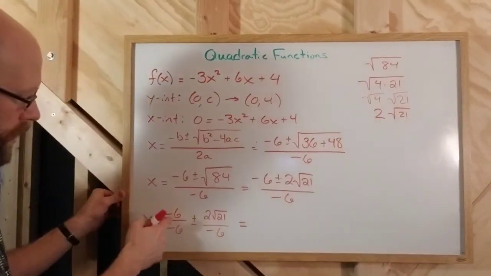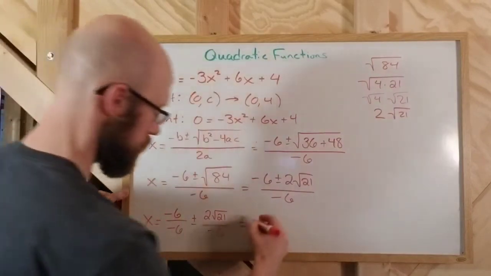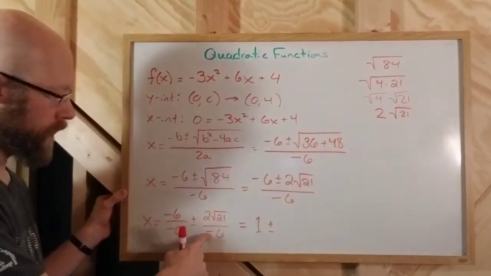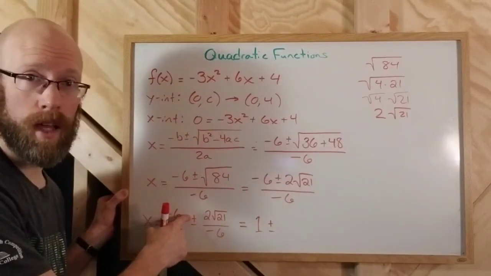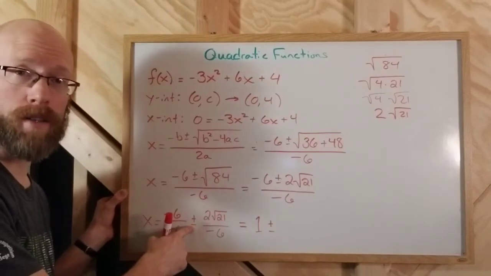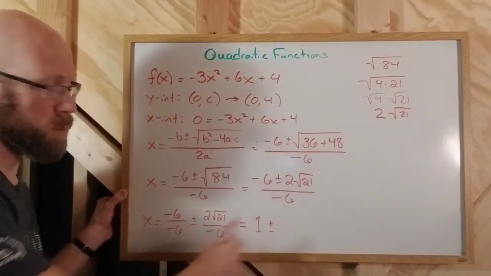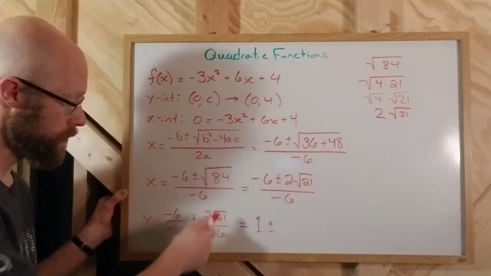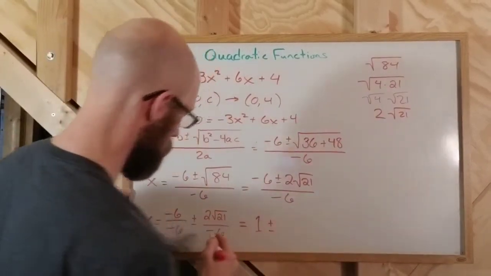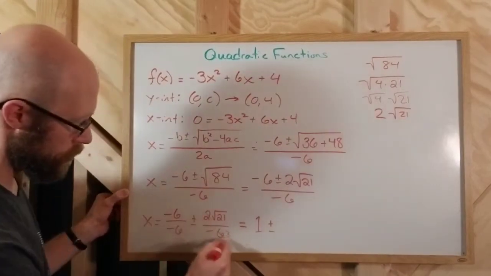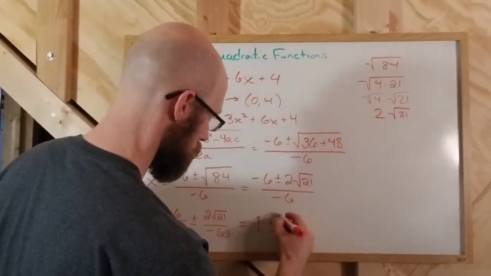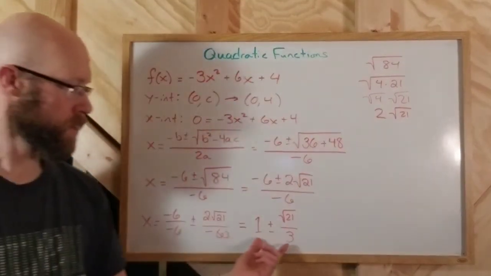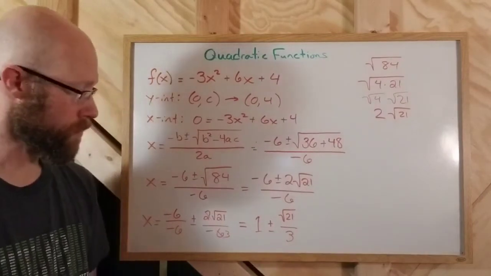And then I simplify. Negative 6 divided by negative 6 is 1. Now when you apply a negative to a positive, you get a negative, and when you apply a negative to a negative, you get a positive. So you still have one plus and one minus. I'll just leave it as a plus or minus, since I've incorporated the negative. And then I can reduce the 2 and the 6 to make a 3 on the bottom. That becomes root 21 over 3. So this would be a simplified form.